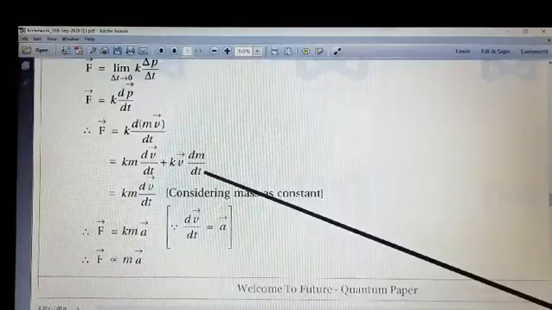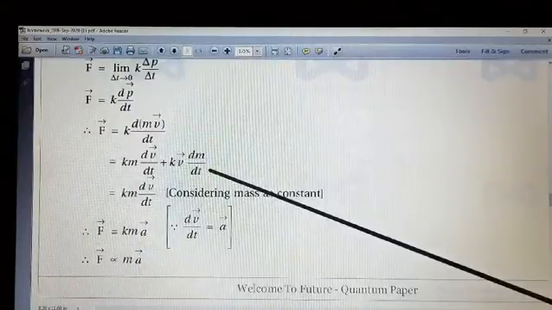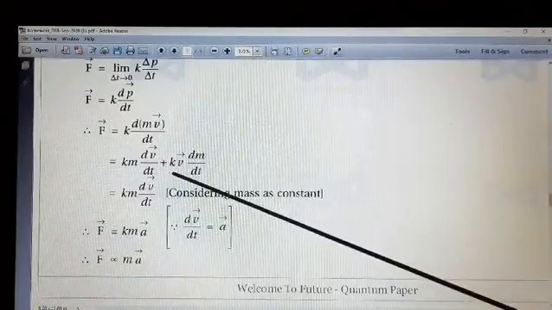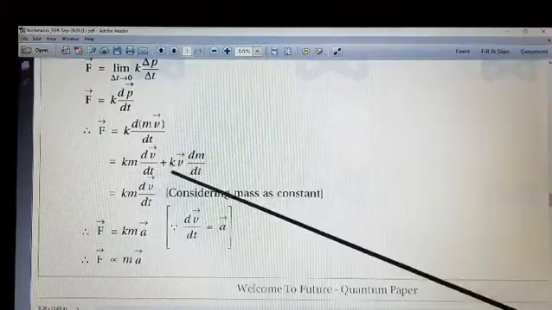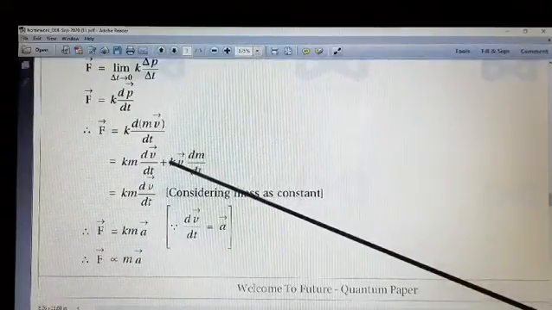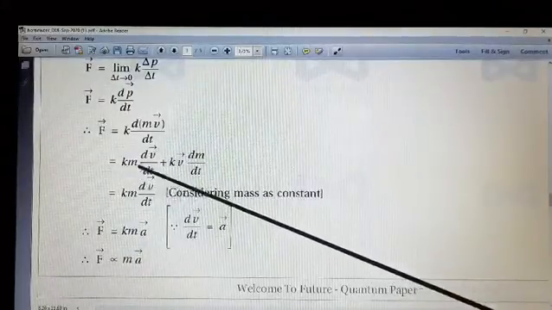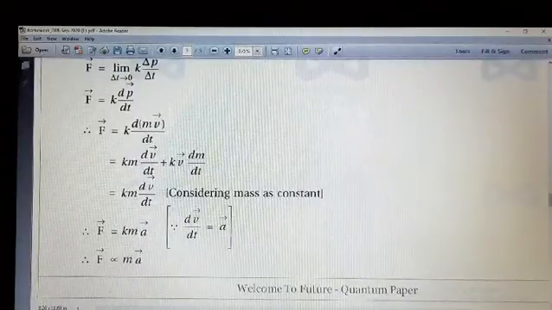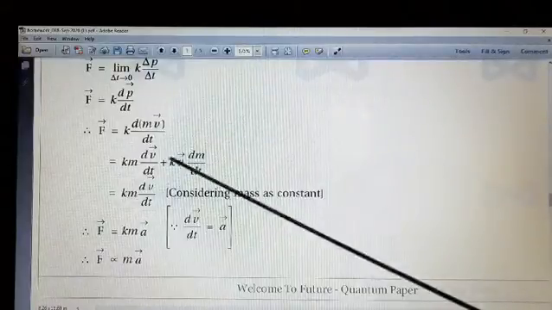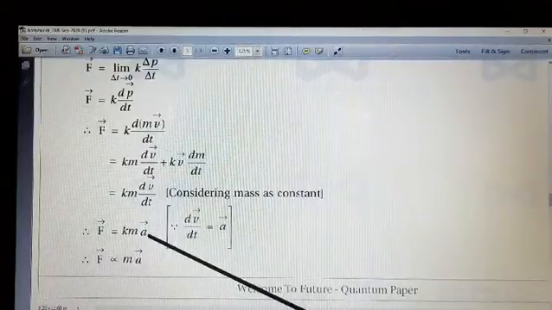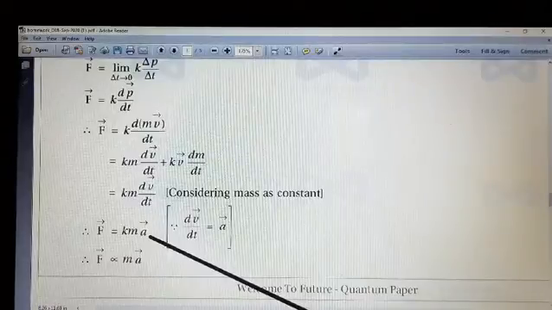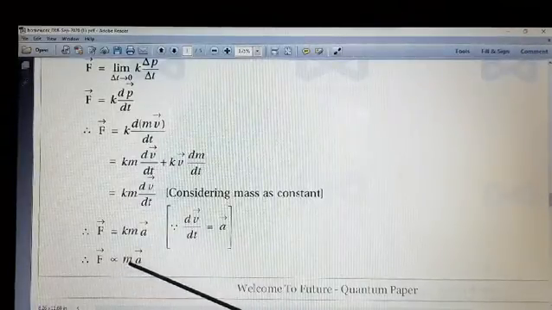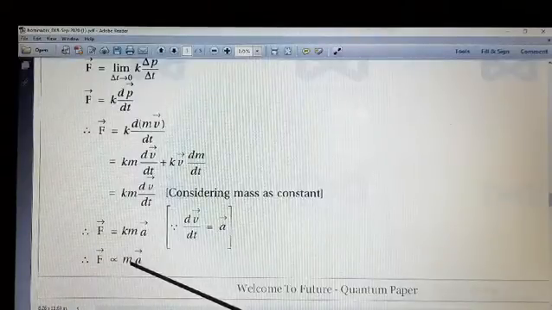But friends, look here, with respect to time, mass does not change. So this right hand term is 0. So we get km dv upon dt. According to the definition of acceleration, instead of dv upon dt, we write a for acceleration. Means F is directly proportional to mass and acceleration.